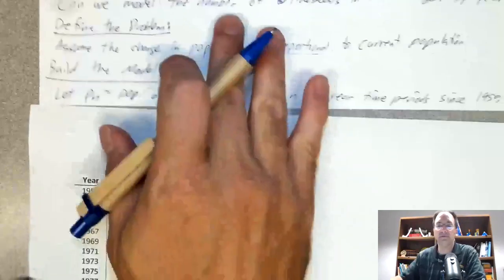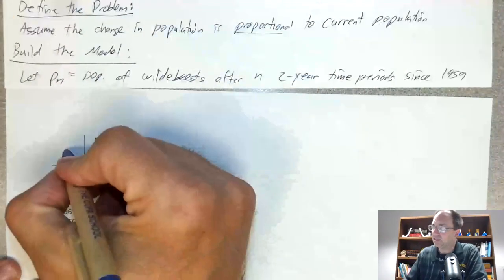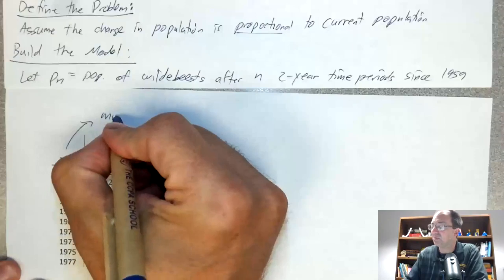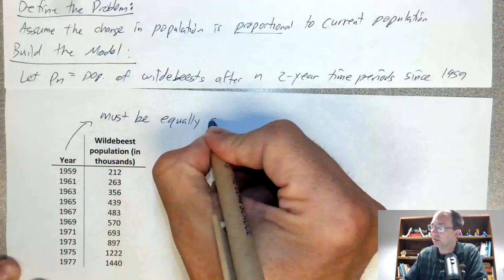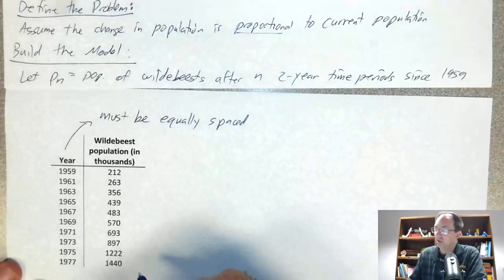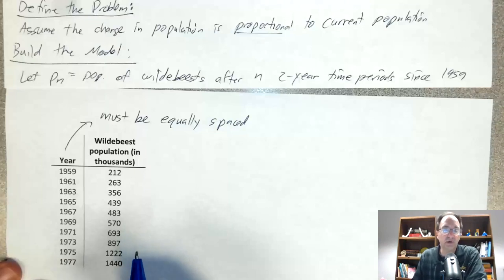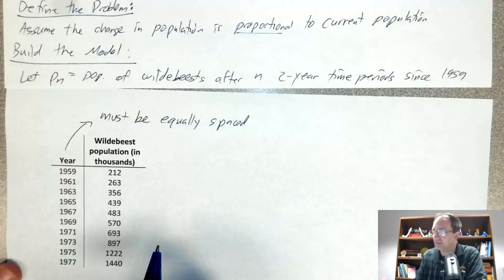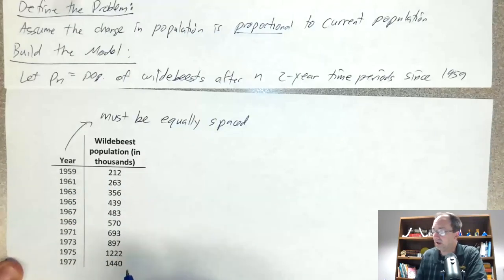So here's our data. And notice this important detail: these must be equally spaced. If these aren't equally spaced, then the iterative process that we use in difference equations won't work. We'd have to use some other technique. Fortunately they're every other year, so we're fine there.